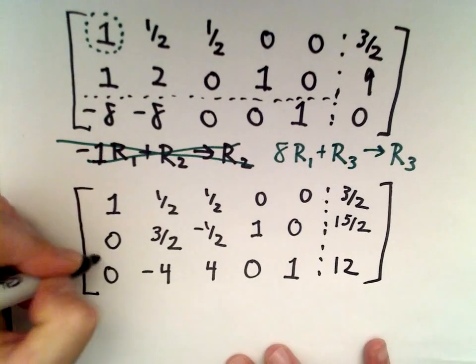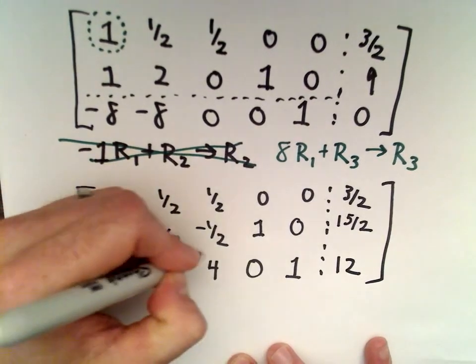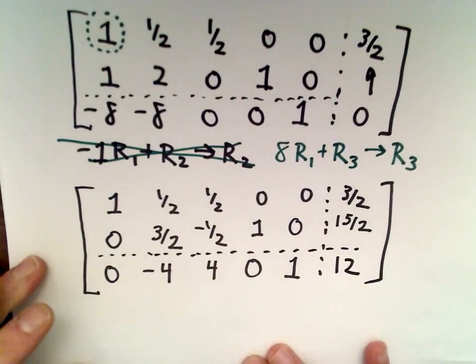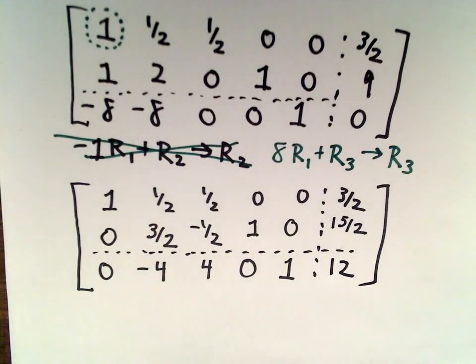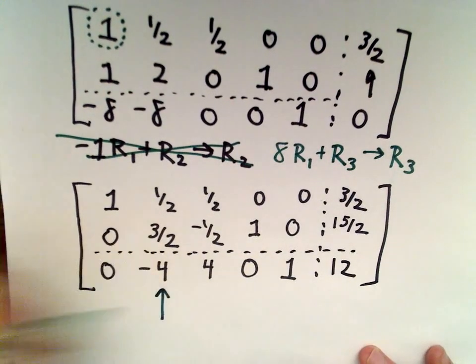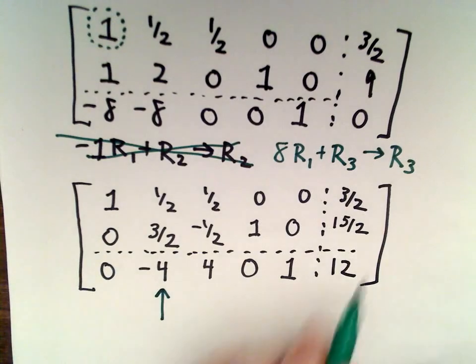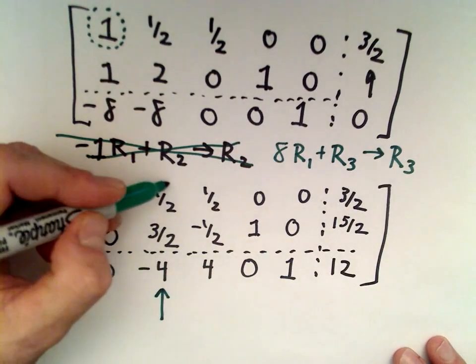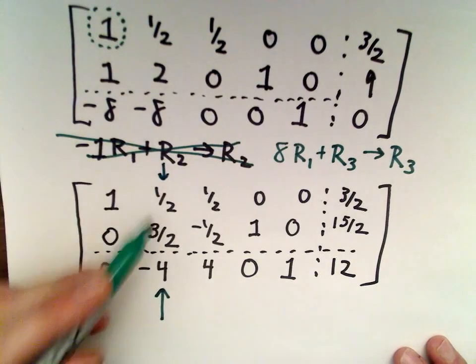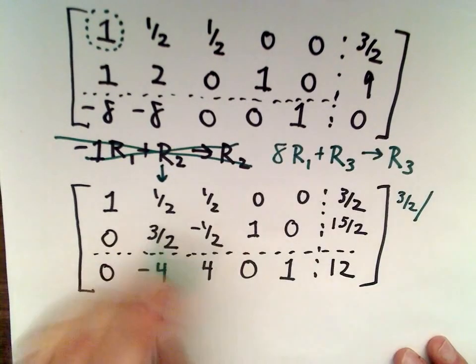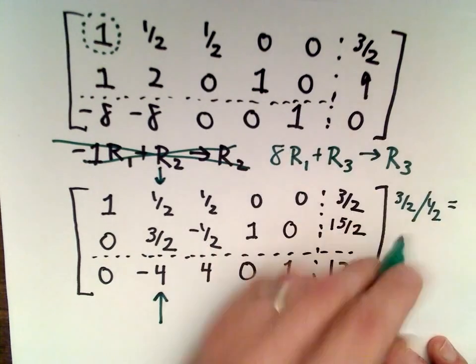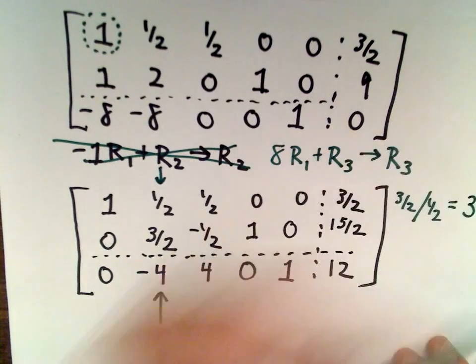So now, again, what we have to do is look at our bottom row to see if there are any negative values floating around. Well, yeah, there still is, so we've got to do it one more time. I do the same thing. I take this ratio, now focused on my second column. If I take 3/2 and divide that by 1/2, that is going to be 3.